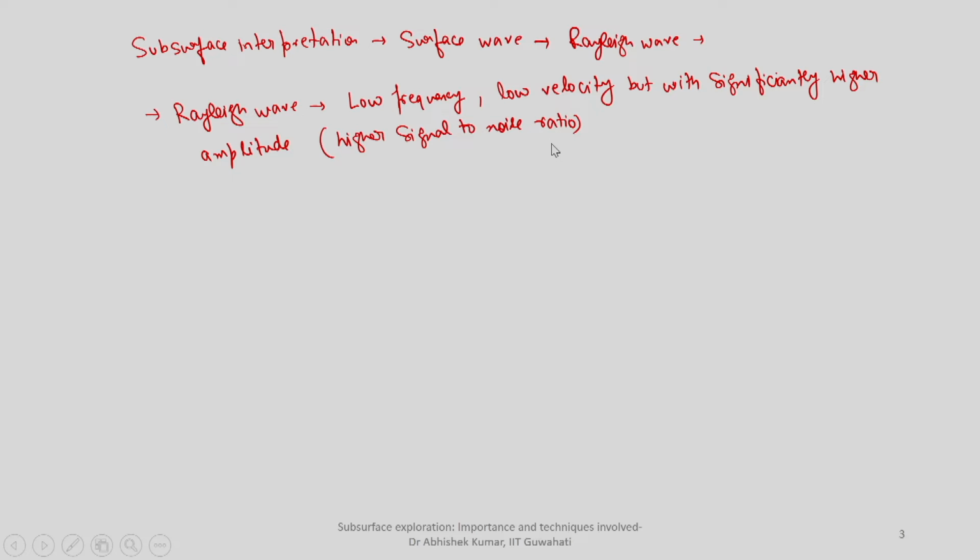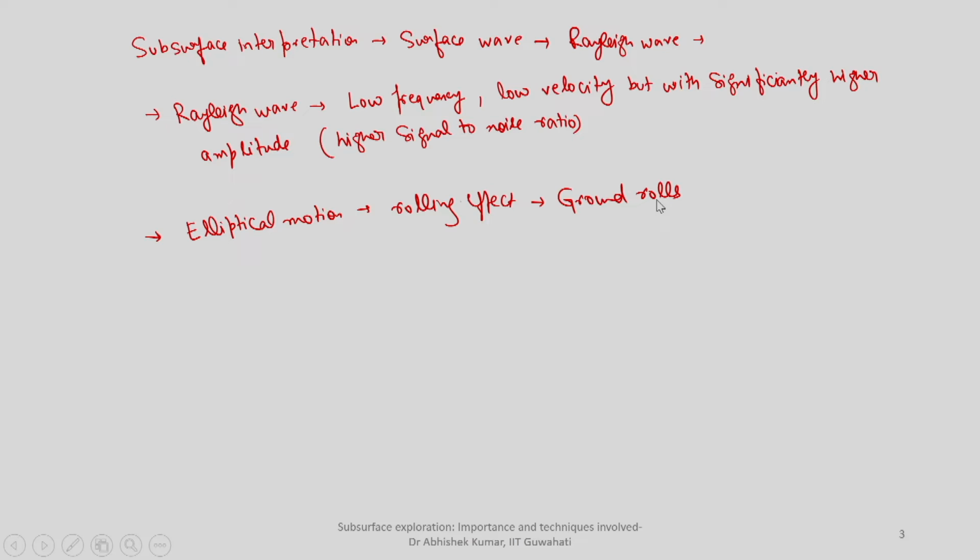Further, it has been observed that Rayleigh waves, because they cause elliptical motion or some kind of rolling effect, are also called ground rolls.